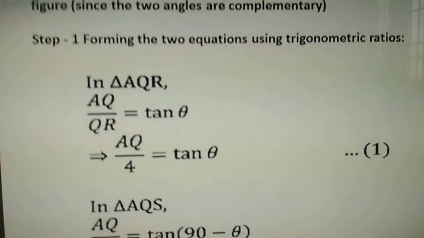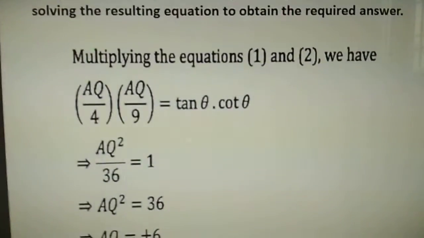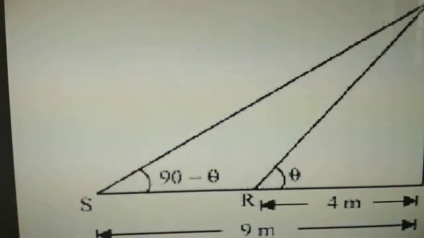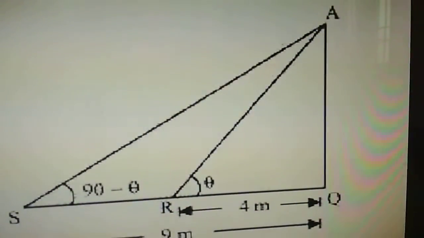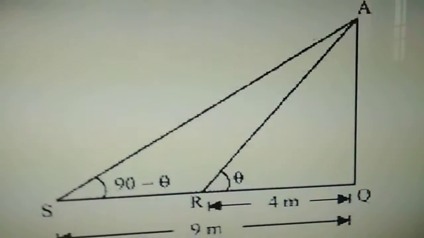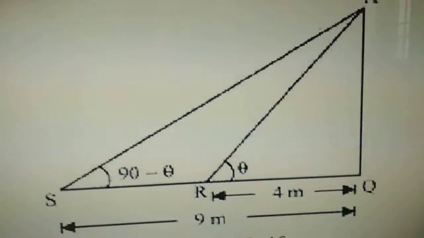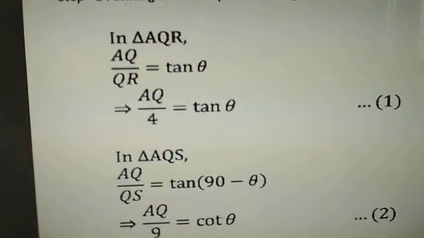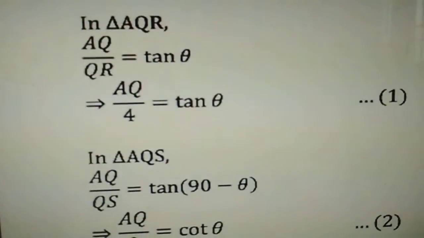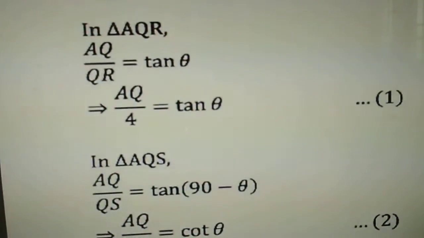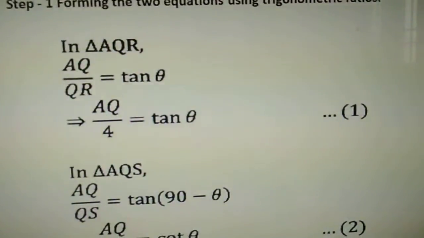Refer to the figure. So we have AQ by 4 is equal to tan theta. This is the first equation.